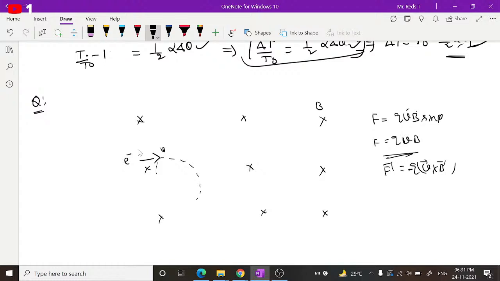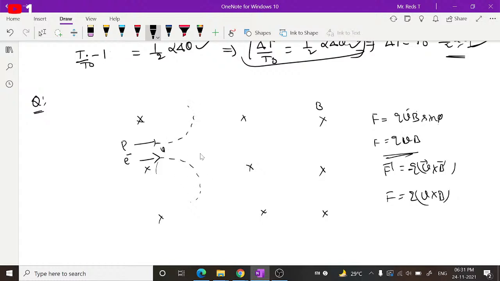If it is an electron, and if it is a proton having the same charge magnitude, because it is a positive charge, the same force Q times V cross B acts on it. The charge is the same, B is the same, so the same force acts but in the upward direction. As a result, it will deviate and move in the upward direction.